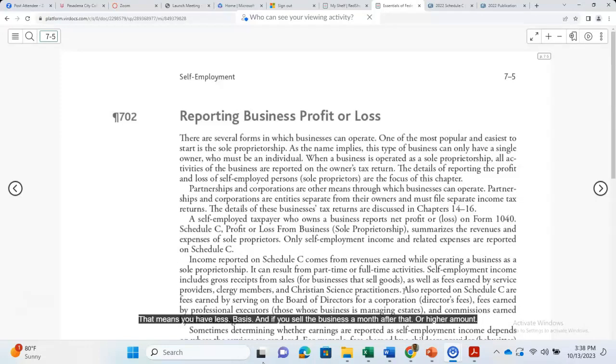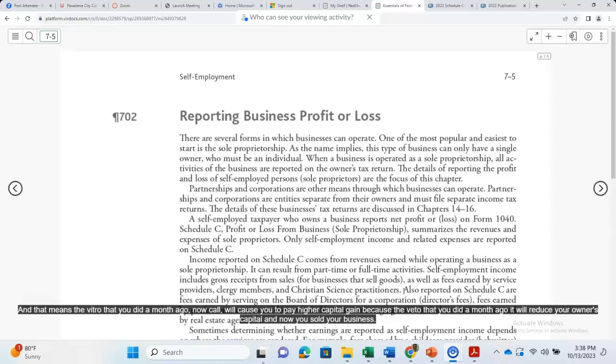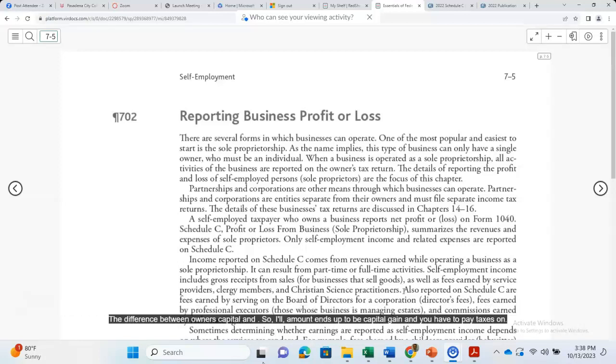And if you sell the business a month after that for a higher amount, the difference between the owner's capital T account balance and the selling price of your business will be capital gain. That means the withdrawal that you did a month ago now will cause you to pay a higher capital gain, because it reduced your owner's capital, and now you sold your business.